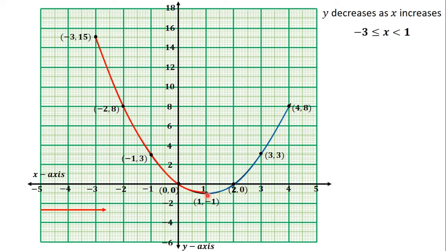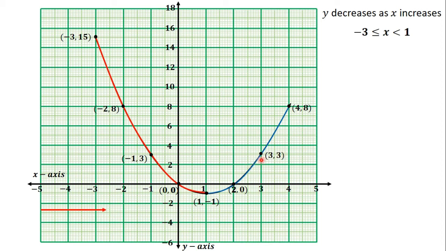The x-coordinate at the turning point is 1. The x-coordinate here is 2, the x-coordinate here is 3, and the x-coordinate here is 4. So we can see that as we move from left to right, the x-coordinates increase. The y-coordinate also increases. It increases from -1 to 0, from 0 to 3, and from 3 to 8.